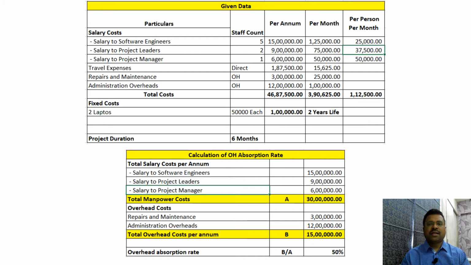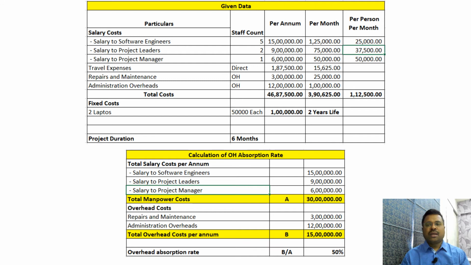Always summarize the data given in the problem so that it will be easy for us to work out the solution. Now, the given data I have tabulated in this fashion so that it will be easy for me to work out the cost sheet. So, salary cost I divided per person, the reason being few of the employees have worked for this project on a temporary basis.